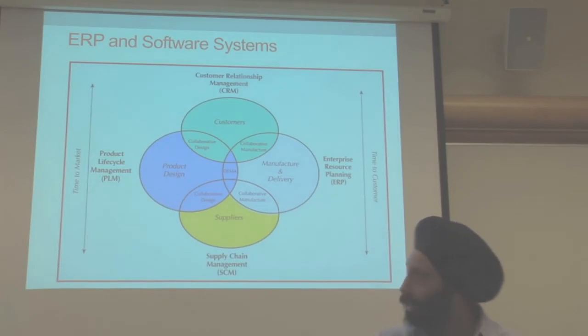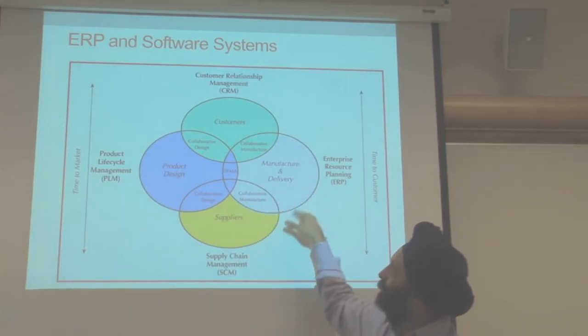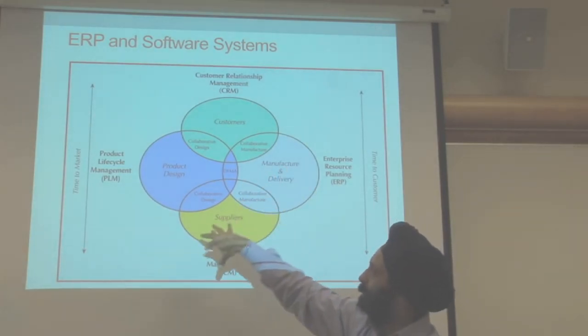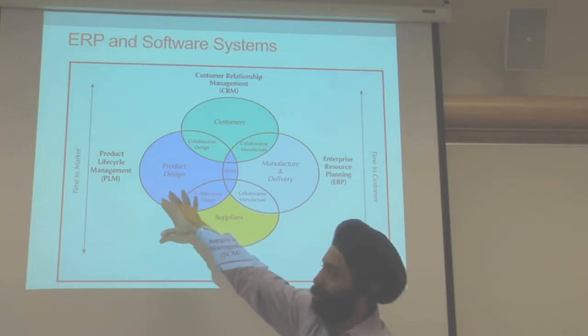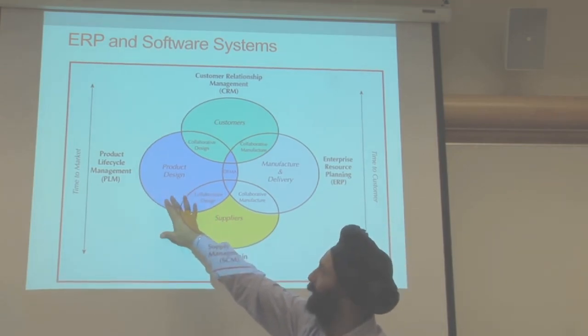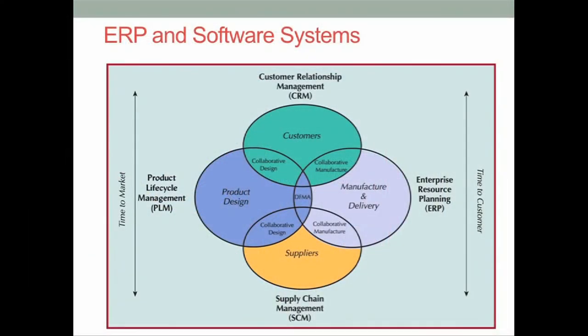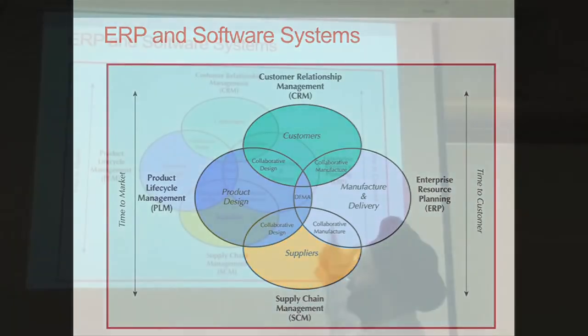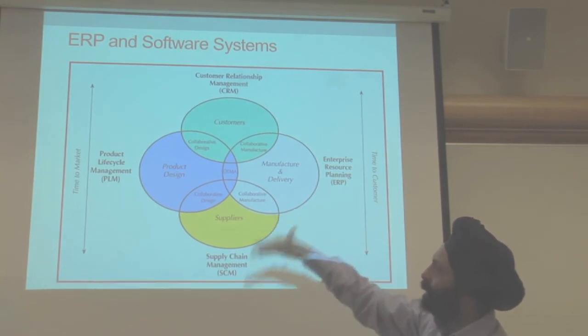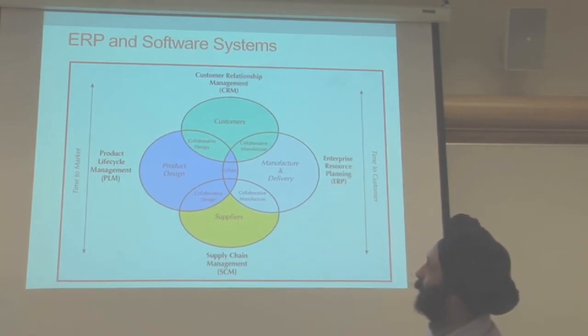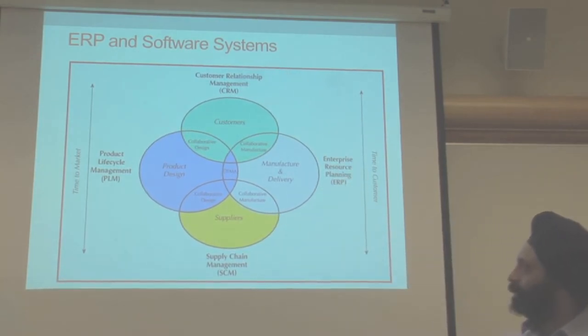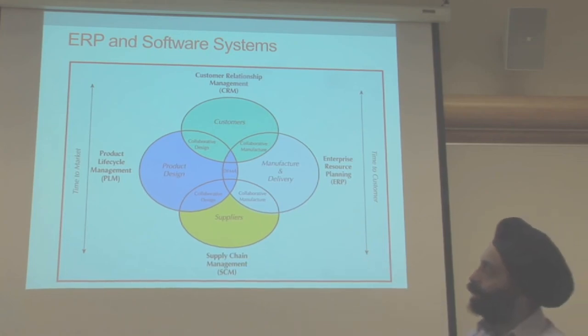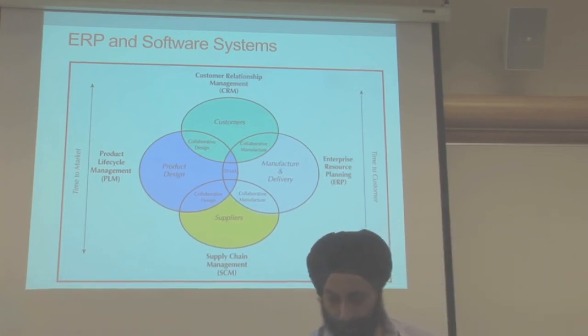So one can easily see how a variety of stakeholders, whether it's R&D, research and development of a company, the product design area, customers, manufacturing and delivery, and suppliers, can really work together to reduce the time to market and use ERP systems to deliver the right perceived values for the customer in this case.